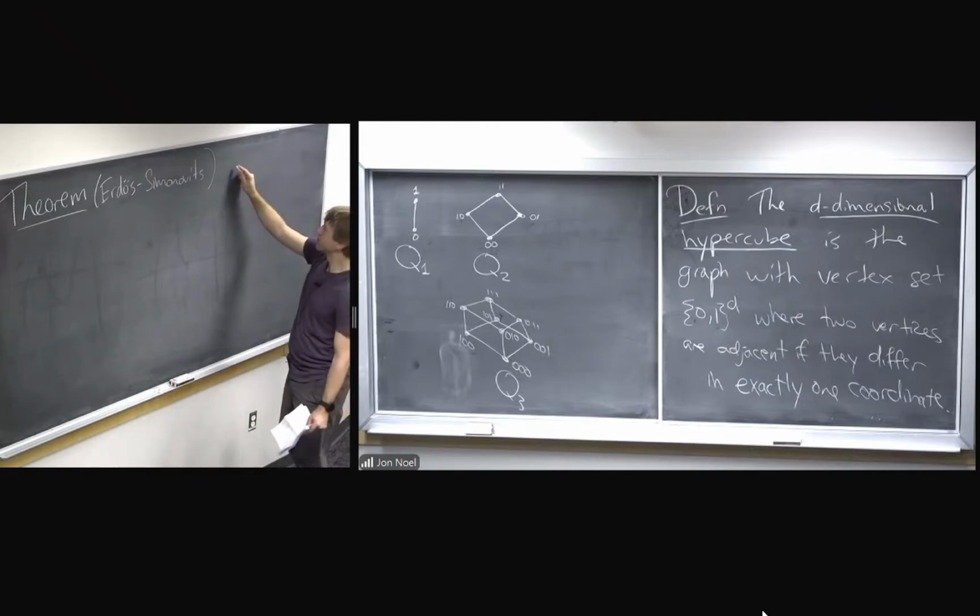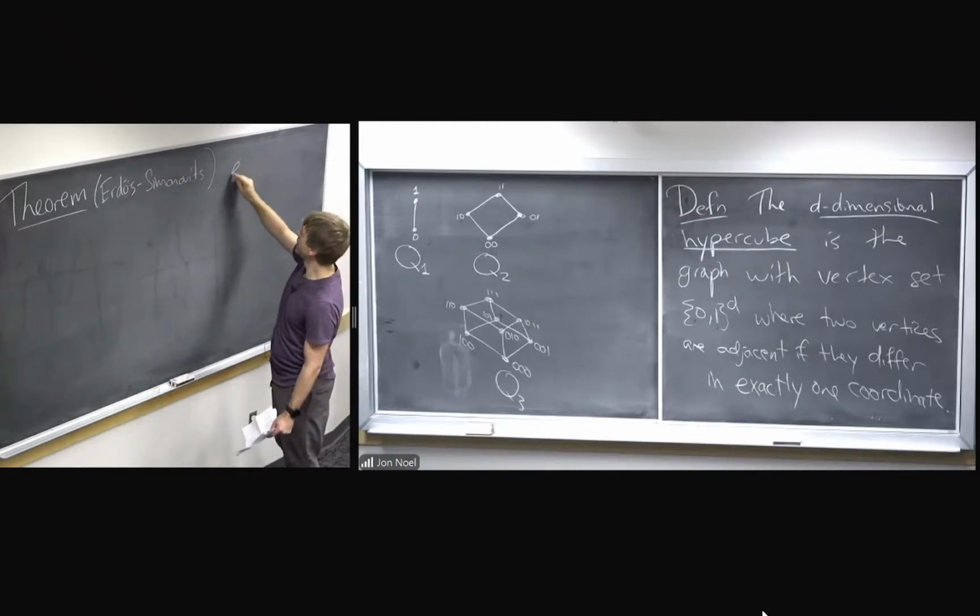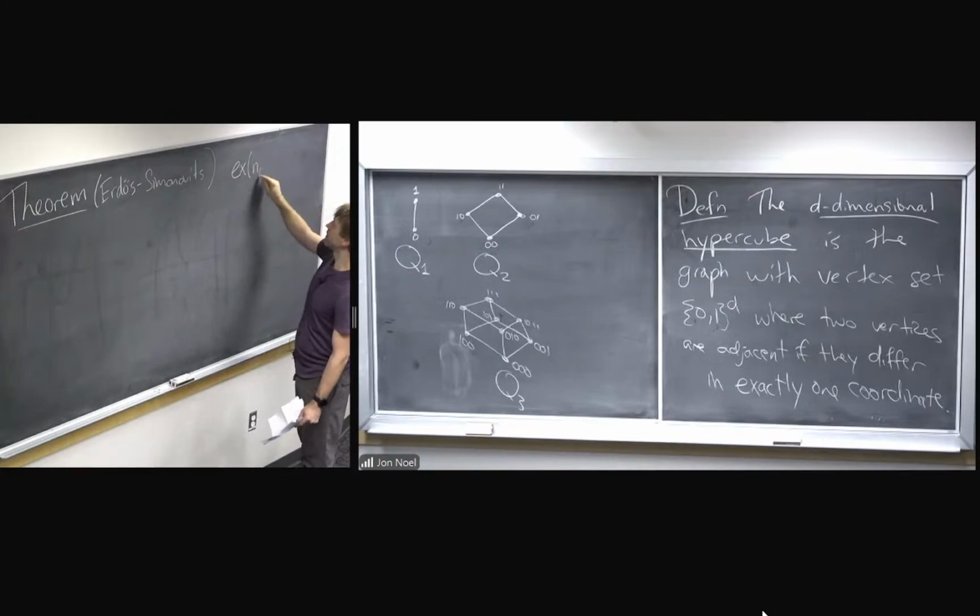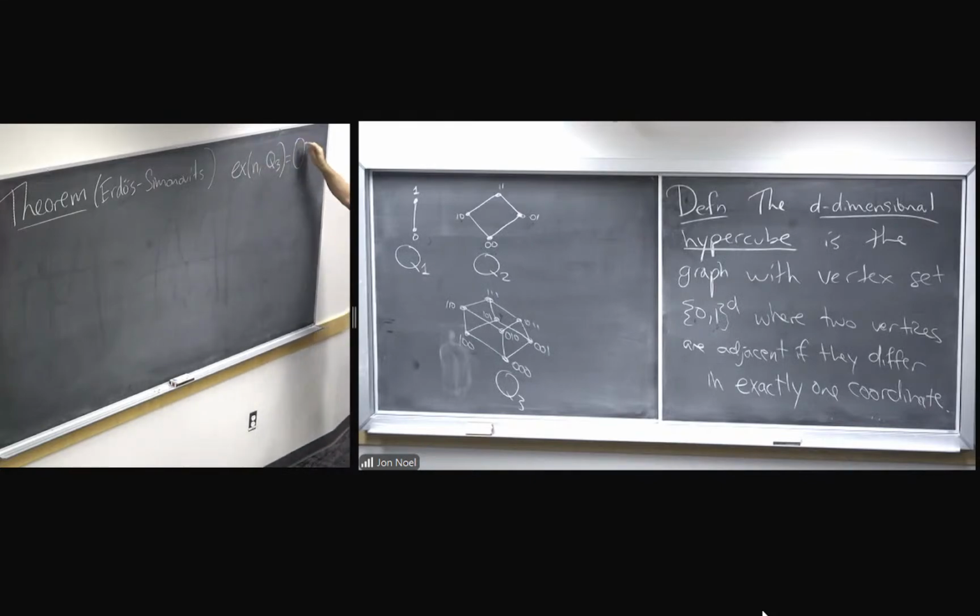What they proved is that the extremal number of Q3 is big O of n to the 8 over 5, in other words, n to the 1.6.